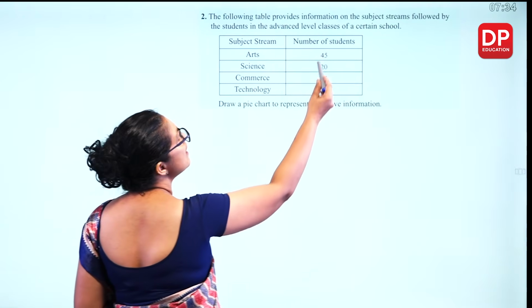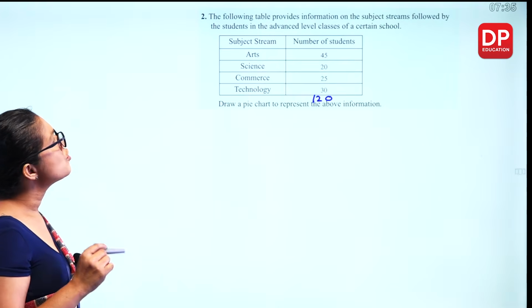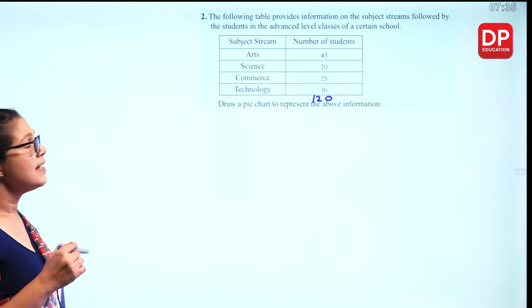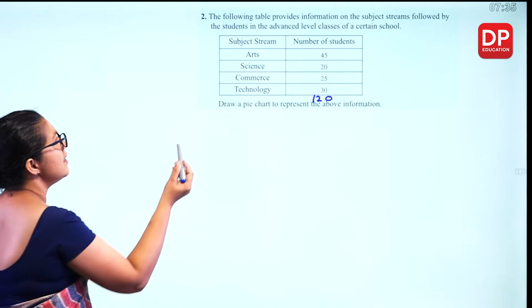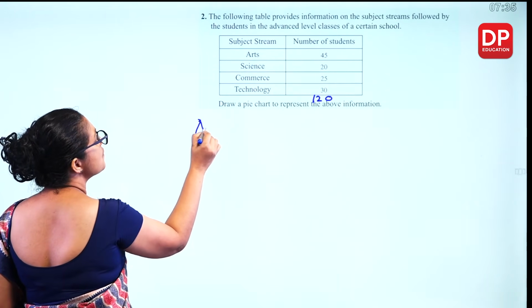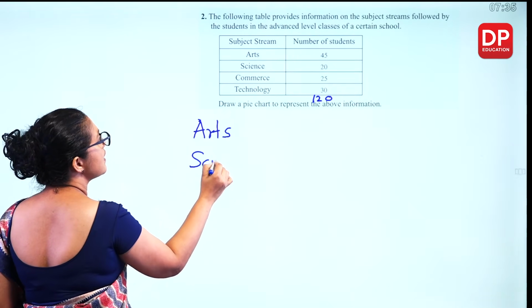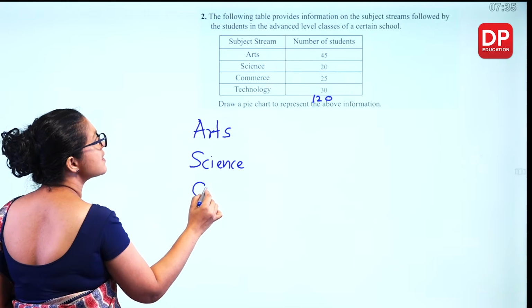What's the total? 5 plus 5, 10. 1 remaining. 4, 6, 8. 8 plus 4, 12. So there are 120 students in that school in A-level classes. So here we can find out the angles first. For each category you have to find out the angle at the center of the sector.